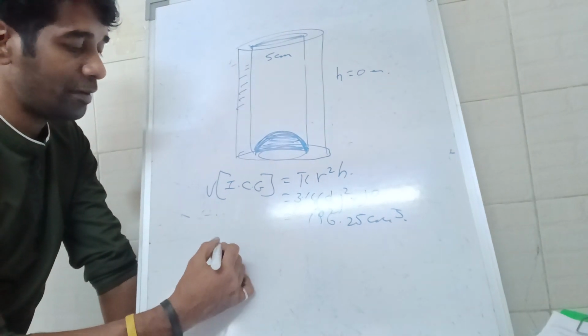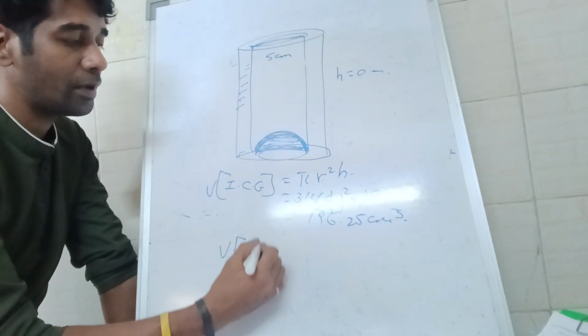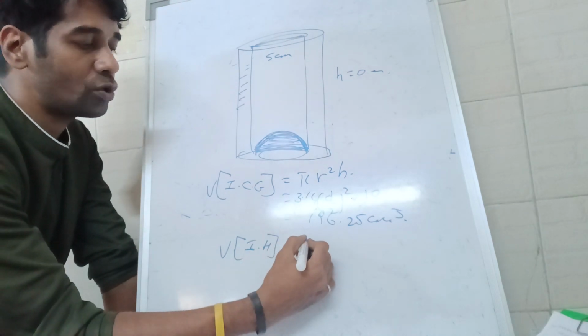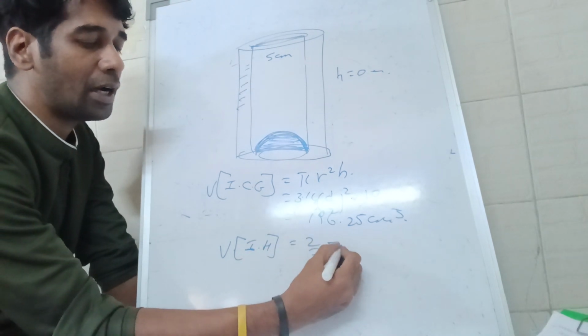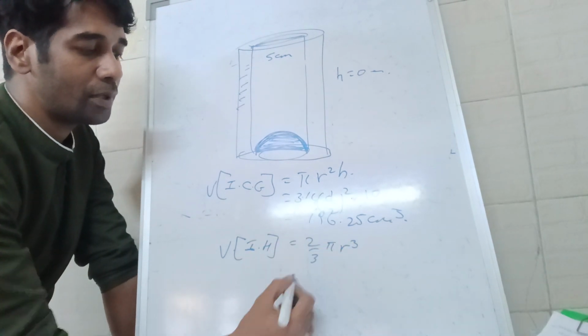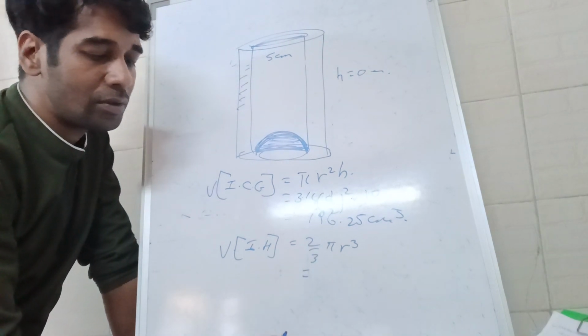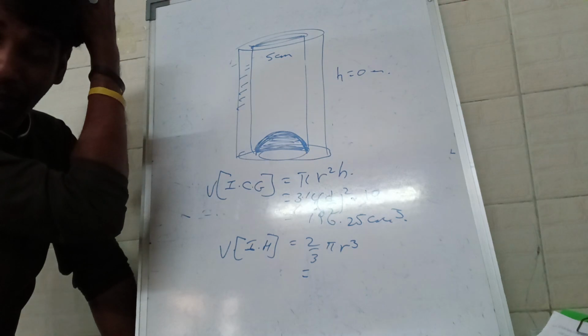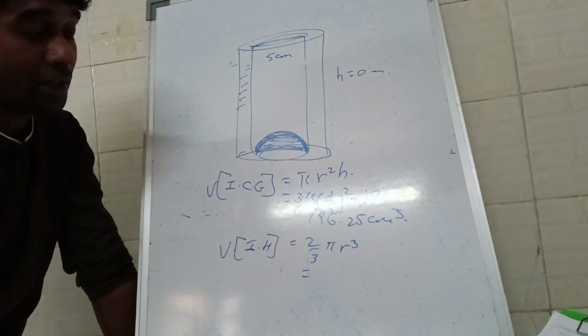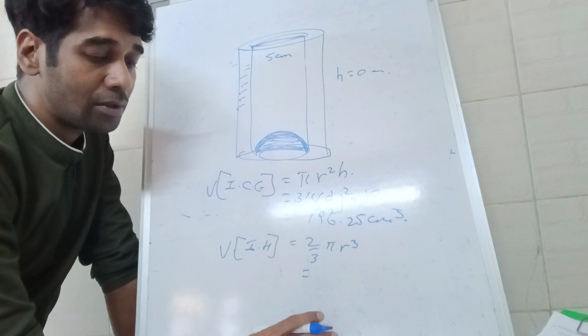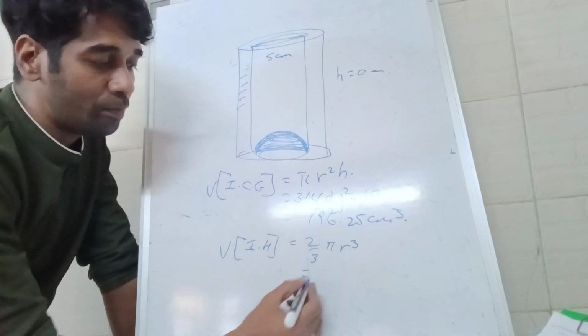Now the volume of the inner hemisphere, that is this hemisphere, is 2 upon 3 pi r cube. Pi is 3.14 and radius is half of diameter, that is diameter upon 2.